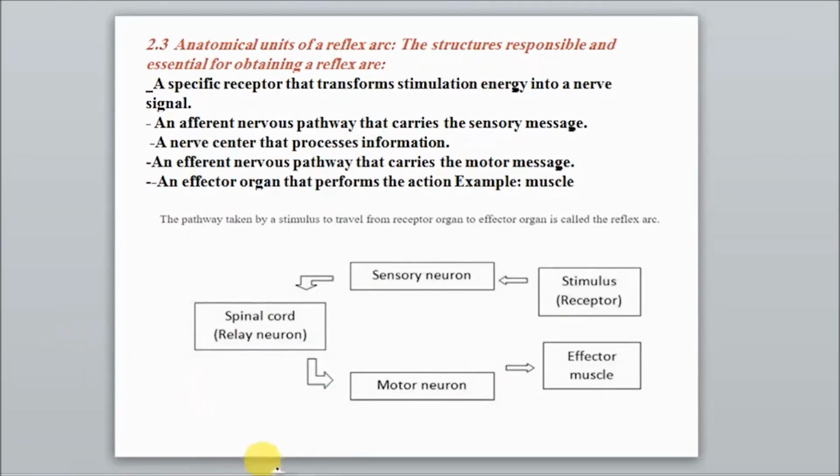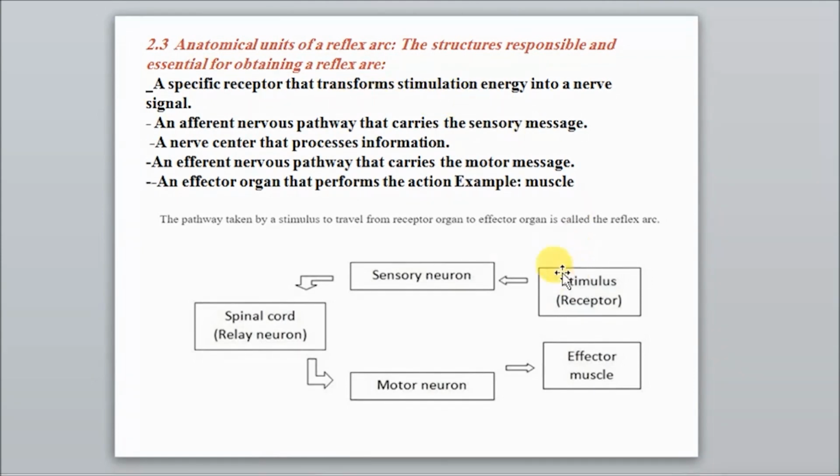Slide 4 is showing you the anatomical units of the reflex arc, that is, the structures responsible and essential for obtaining a reflex action. The first structure is the receptor, which is going to receive the stimulus. It is going to transform the stimulation energy into a nerve message.